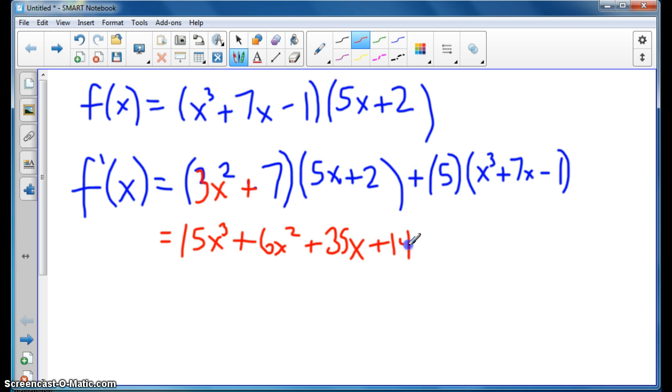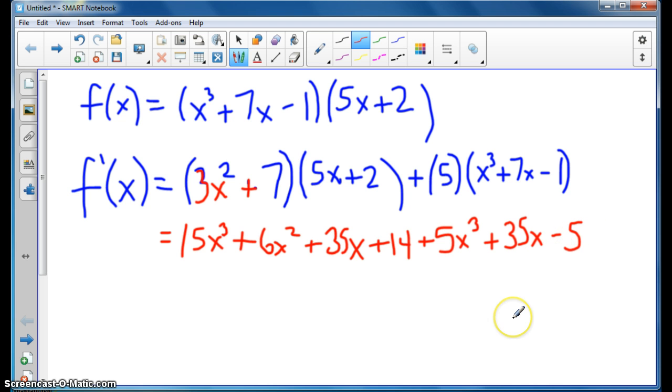And then we're multiplying the second part of the equation. So 5 times x cubed is 5x cubed. 5 times 7x is 35x. And 5 times negative 1 is negative 5.